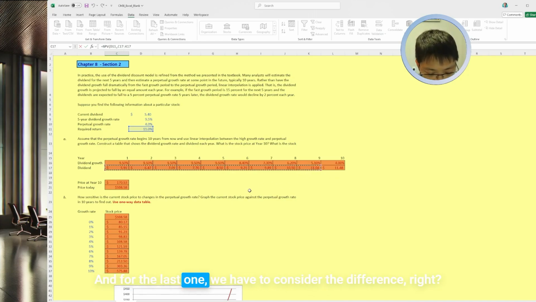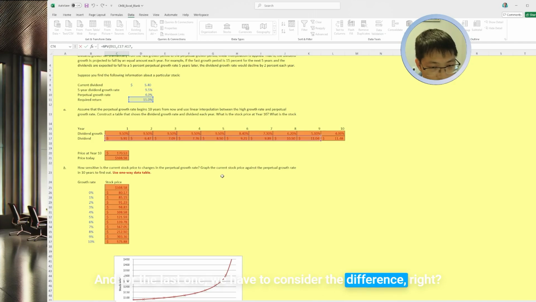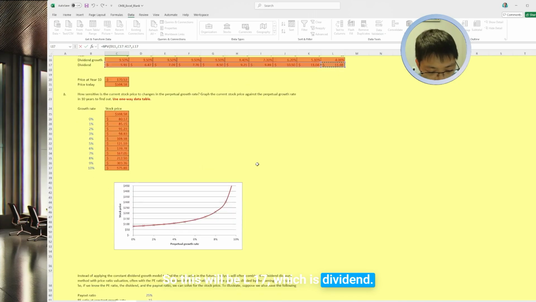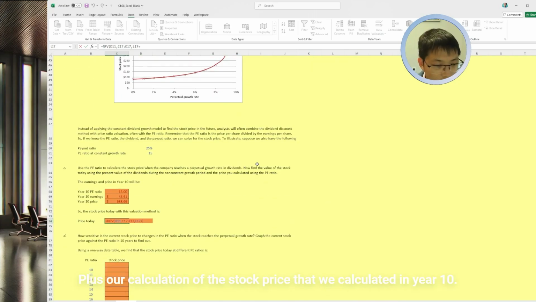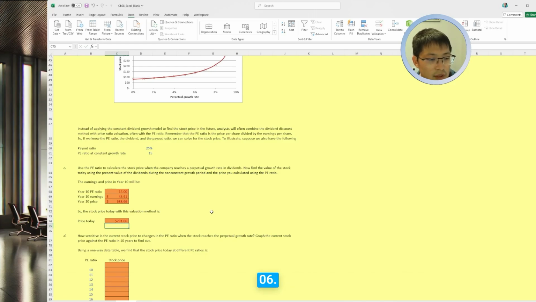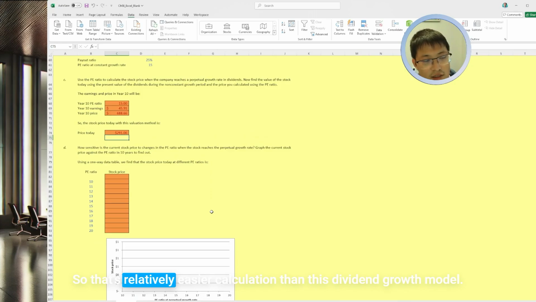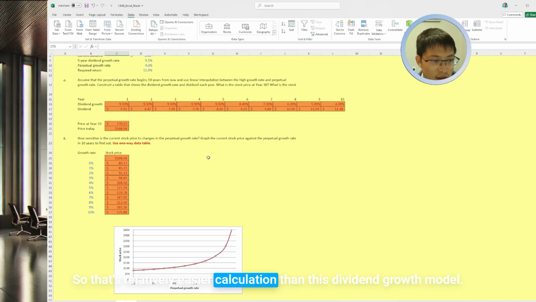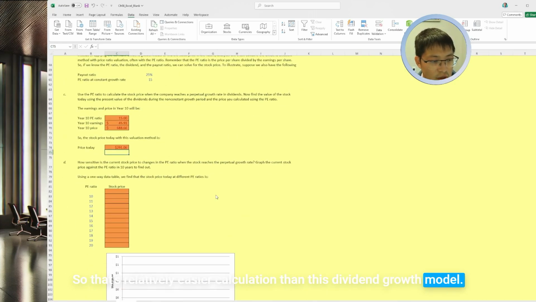And for the last one, we consider the difference by L17, which is the dividend plus our calculation of the stock price calculated for year 10. That would give us another estimation of this stock price, which is 291.06. But that's a relatively easier calculation than this dividend growth model.